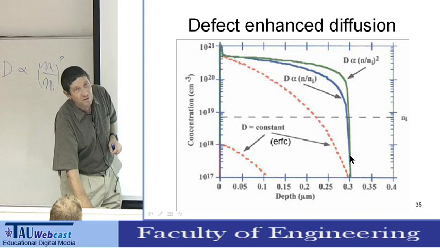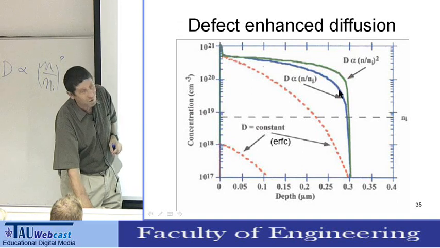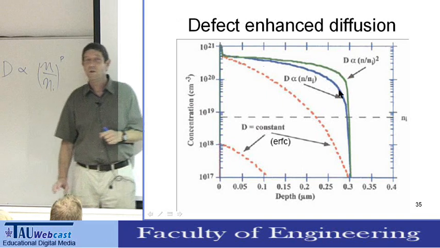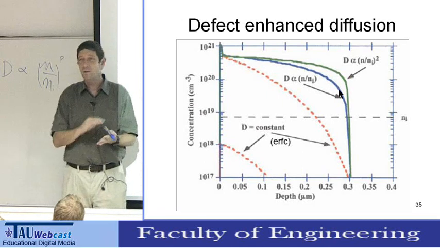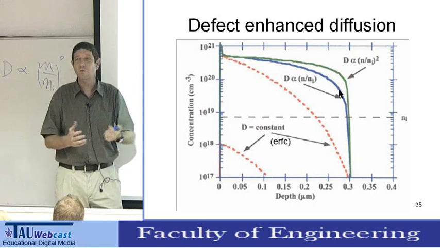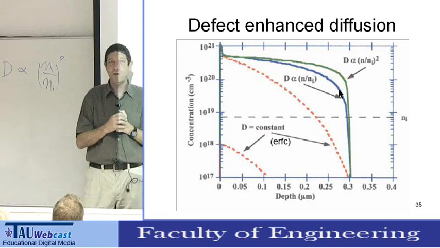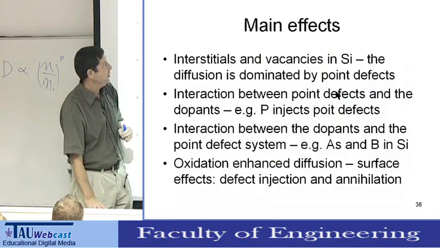Here, diffusivity is slower. So the actual profile in arsenic and boron does not follow the classical error function solution, but there's no analytical expression for this. I'm not going to give you the exact solution for the diffusion equation, but the junction is much steeper than what you think.